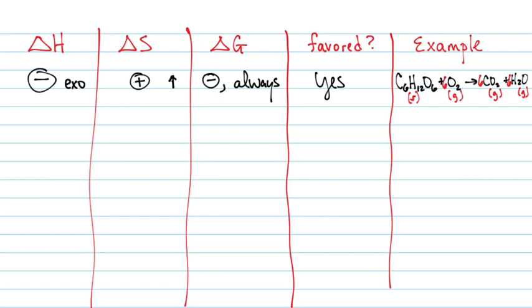All right, next example, let's go with the other way you could have the signs being opposite. So if you have a reaction that has an endothermic, positive delta H, and a decrease in your entropy, there's no choice mathematically but to get a positive delta G there. So those are never favored. An example of that would be the opposite here. I almost put this one on the last one. Photosynthesis.